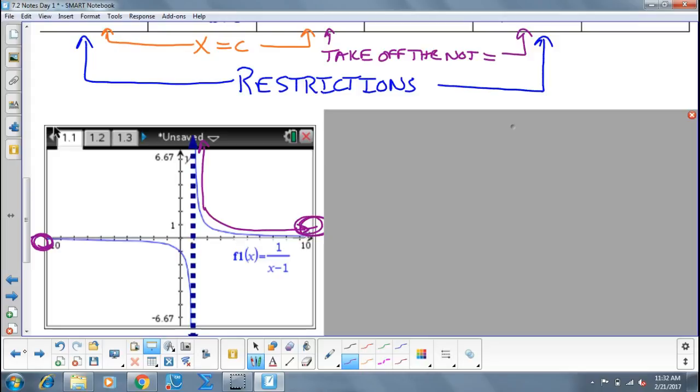So that's got to be a restriction in my range. Because my function never has a value of 0. But then it continues on and it goes down, right? Will it go down forever and ever and ever? So we'll go all the way to negative infinity, right? Okay, so let's put that into play.